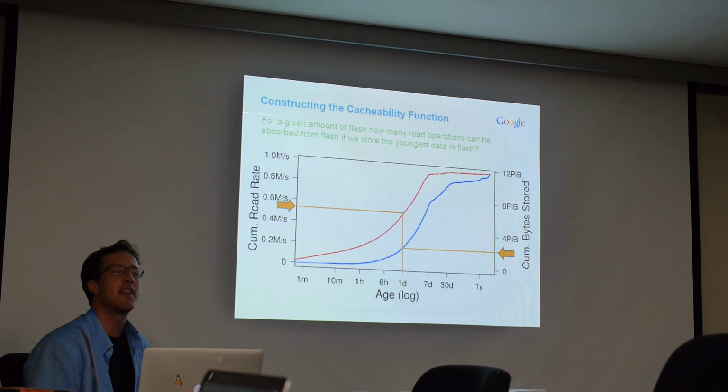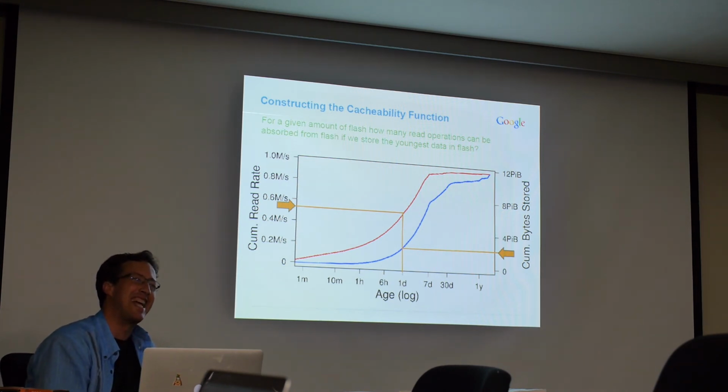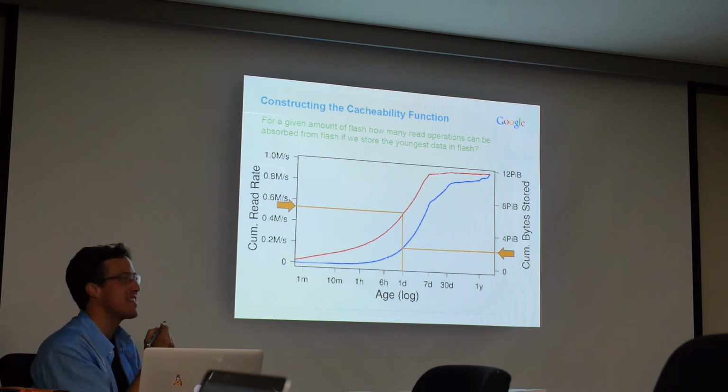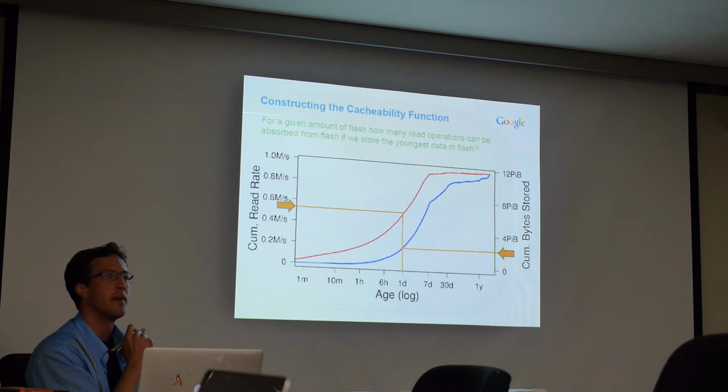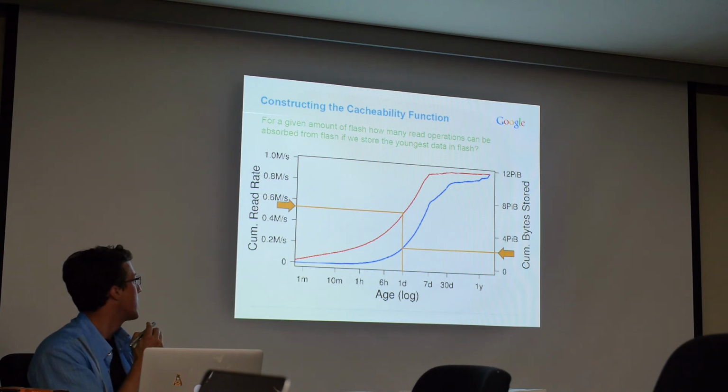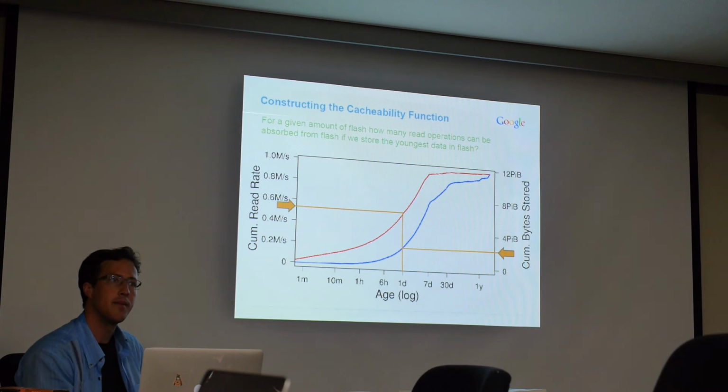Yeah, this is the one I was thinking of where I misspoke. I said megabyte a second, but I meant this is 1 million reads a second to 12 petabytes of data. Yeah, that makes more sense. And 200,000 reads a second here for 4 petabytes of data. Thank you. Sure.